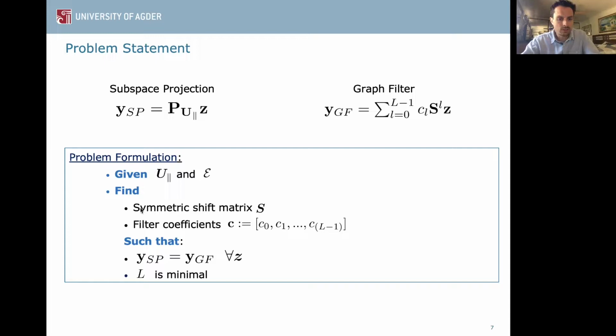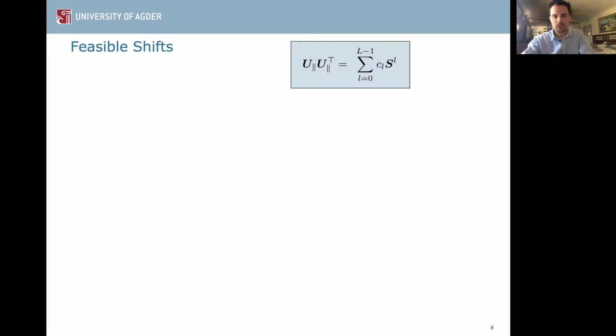So we focus on symmetric shifts, as well as the coefficients of the filter, so that the output of the graph filter equals the desired subspace projection. And we want to do this in an approximately minimal number of local exchanges. So our goal can be phrased in this way.